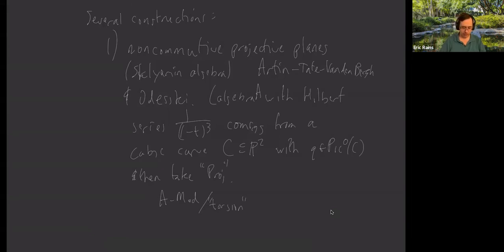But basically, torsion is basically the completion of finite dimensional A modules. And of course, if A is a commutative graded algebra, this is exactly Serre's construction of the category of quasi-coherent sheaves.